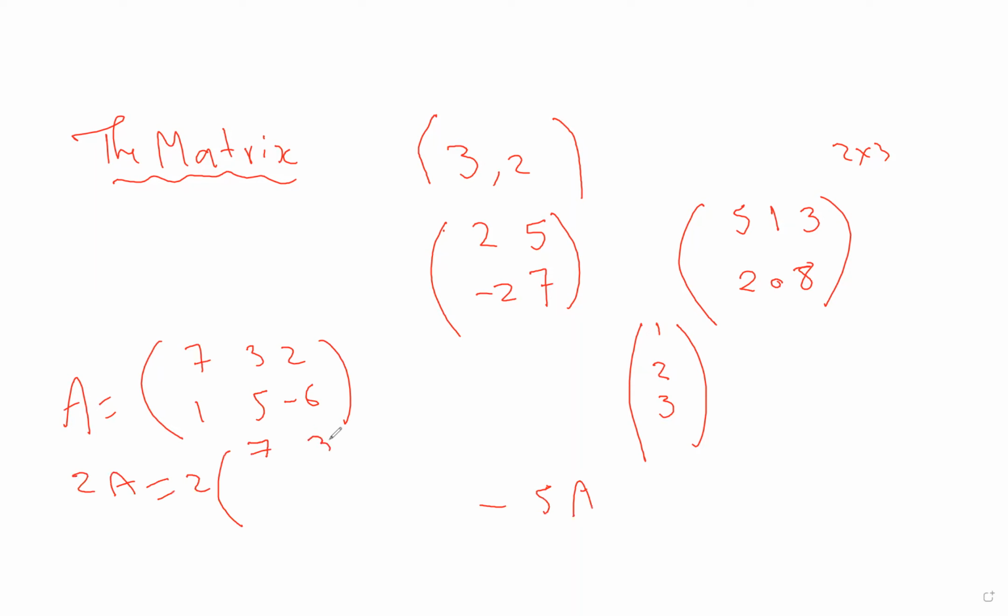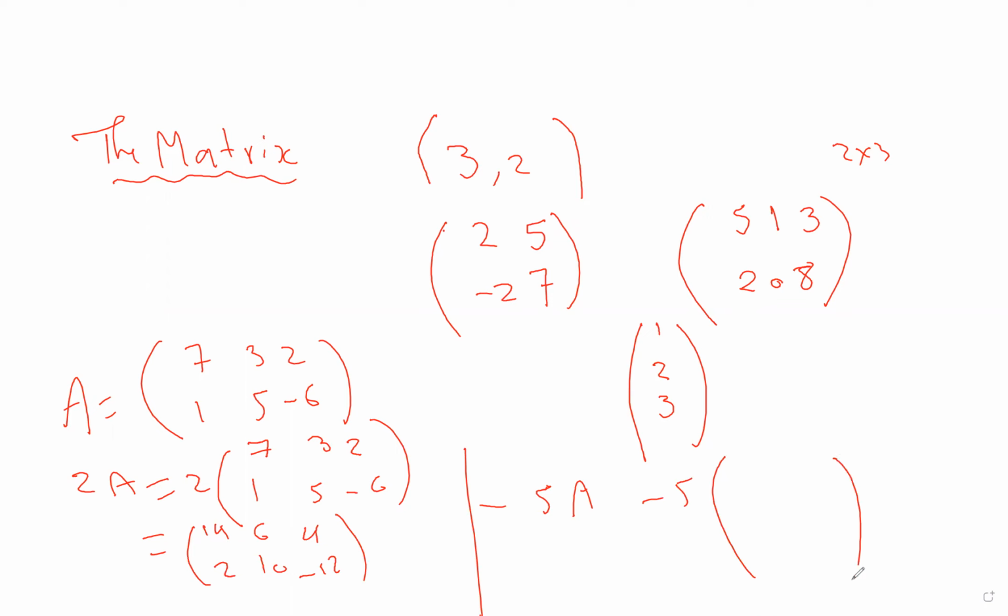يعني 7 3 2 1 5 with negative 6 will be 14 and 2 6 and 10 4 and negative 12, and negative 5a will be negative 5 times the matrix itself, which is 7 3 and 2 1 5 and negative 6, and multiply this number by each of the elements or the items inside the matrix.